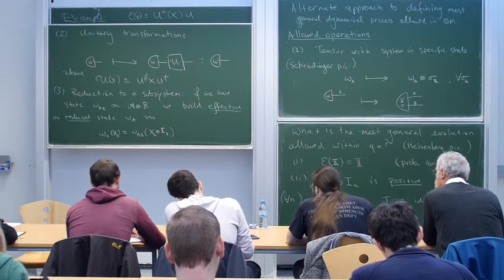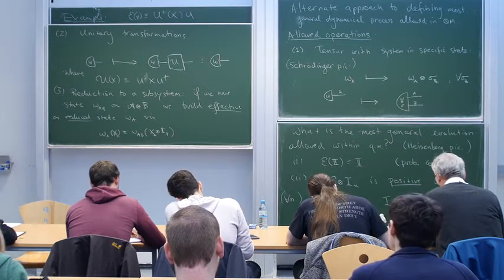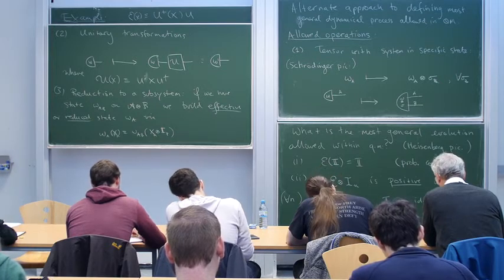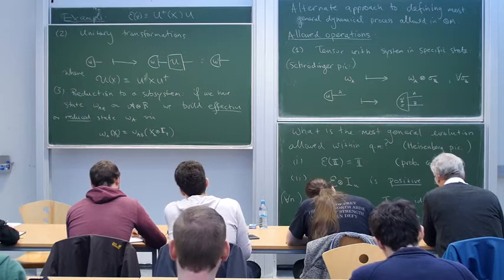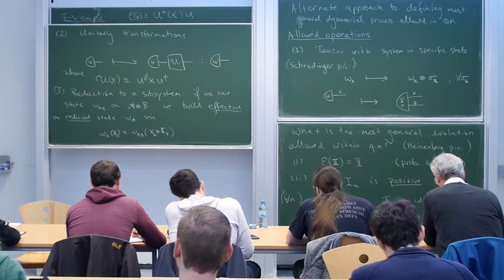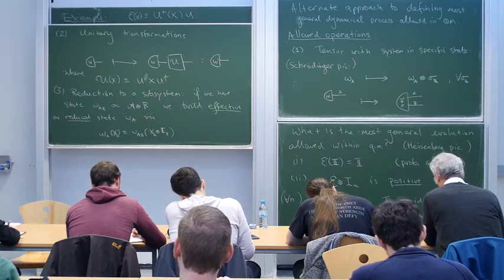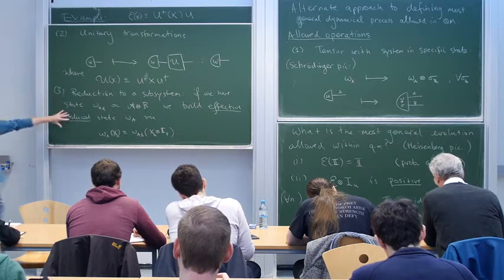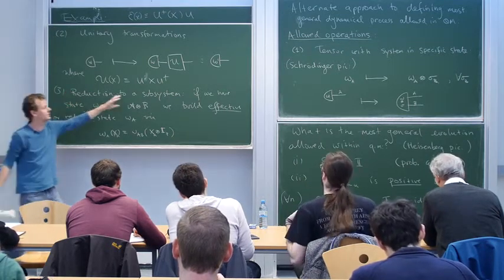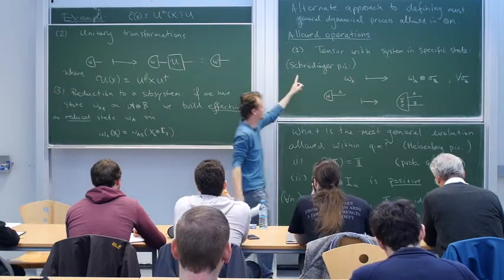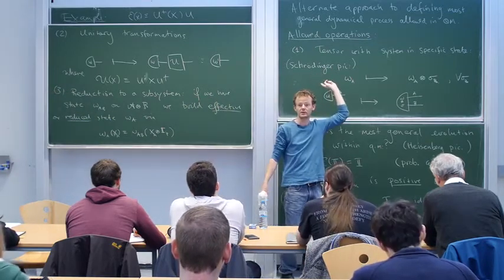So those are three, I hope, fairly reasonable operations that should be allowed to us in quantum mechanics. And the remarkable thing is, with just these three operations, we can build up the most general possible operation allowed according to these axioms of quantum mechanics.